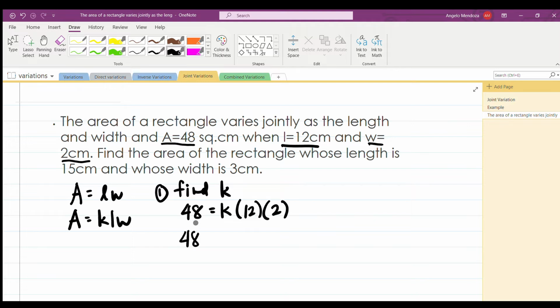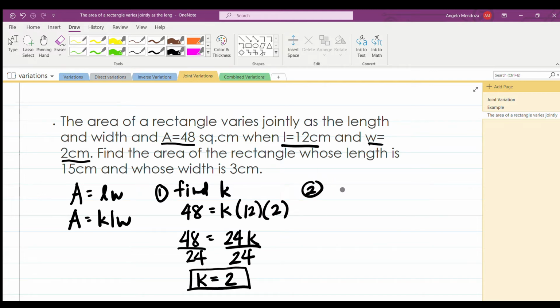So you have 48 is equal to K times 12 times 2, so that's 24K. Then divide both sides of the equation by 24. So K here is equal to 2. So our equation will be A is equal to 2LW.